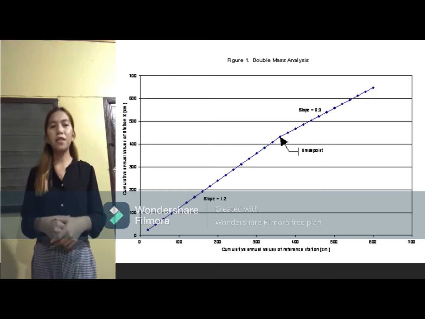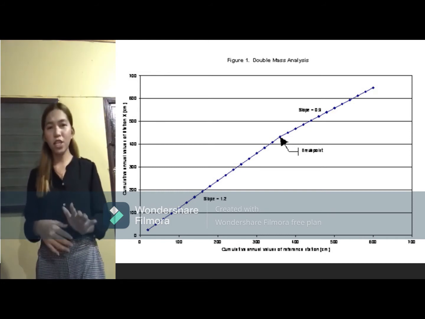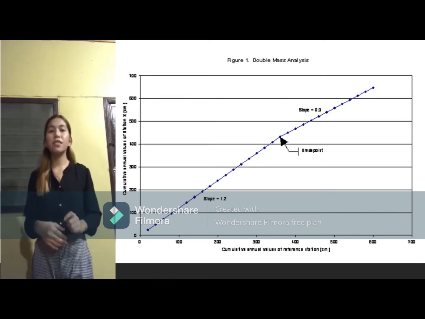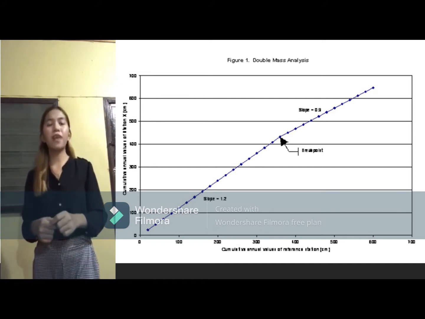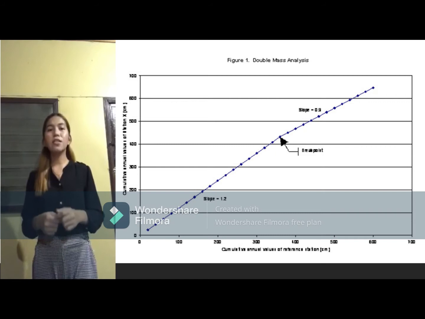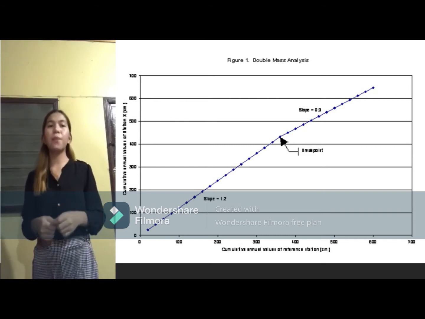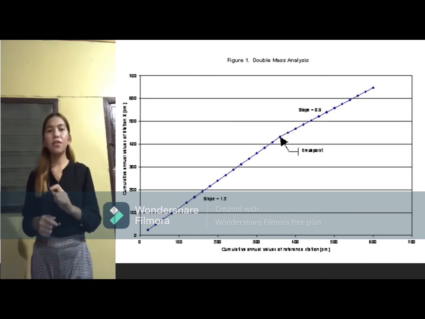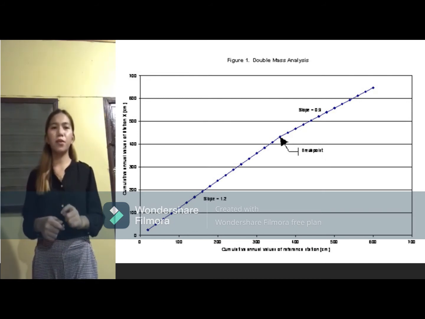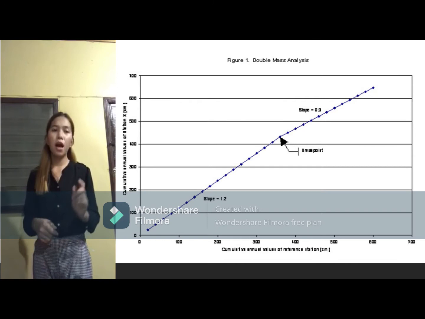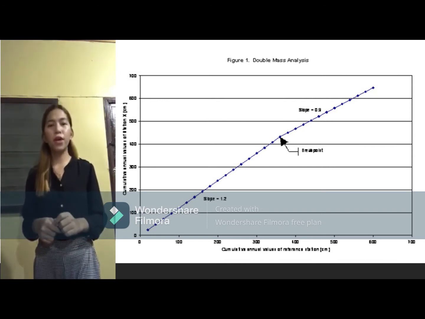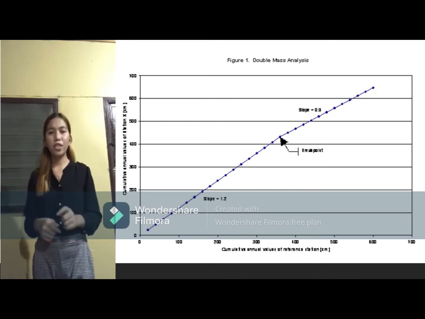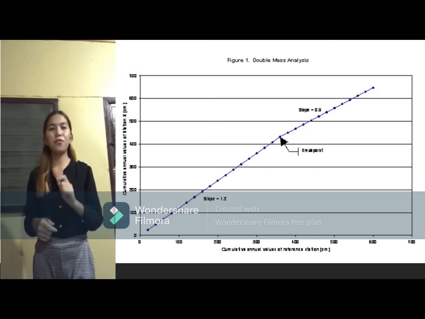So, precipitation of a station is plotted against the combined precipitation of the surrounding stations. The consistency of the record is verified if a single straight line can be fitted through the points. So the analysis is carried out on the computer by fitting a straight line and a 4th degree polynomial through the points and comparing the two sums of squares of the deviations of the points from the fitted curves.